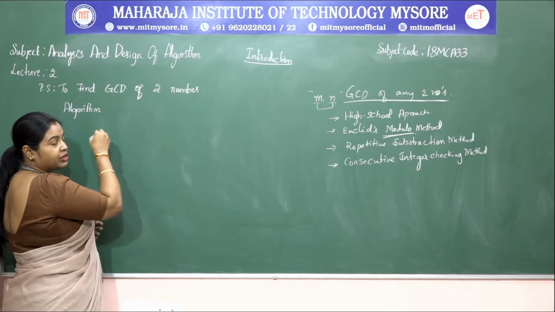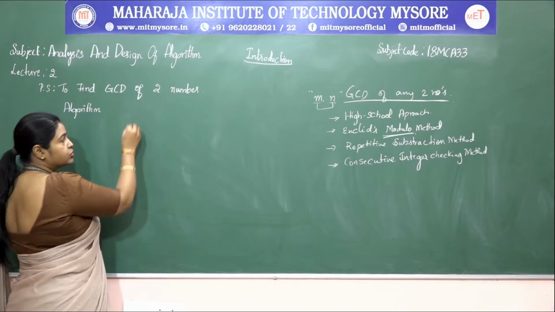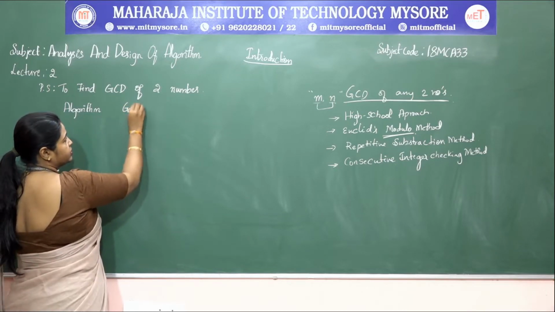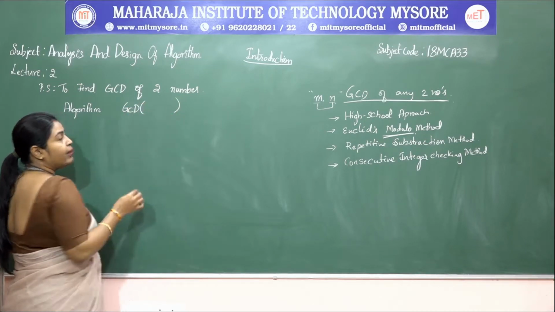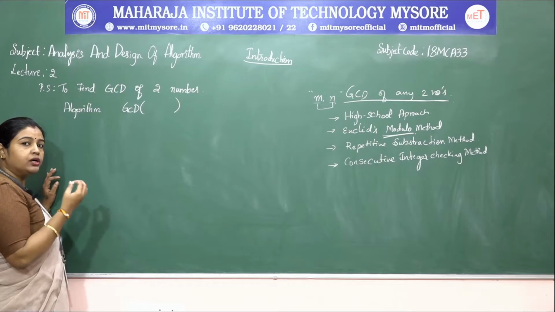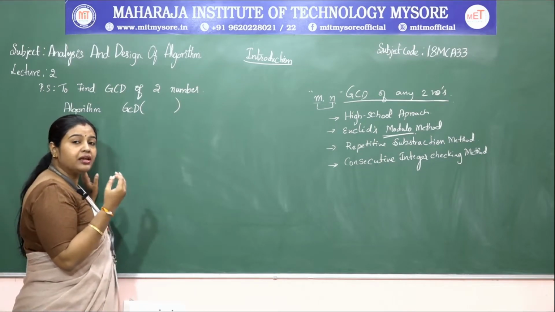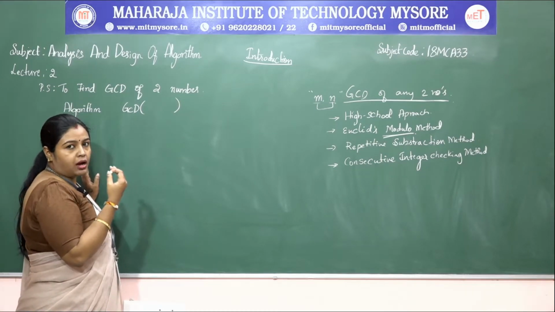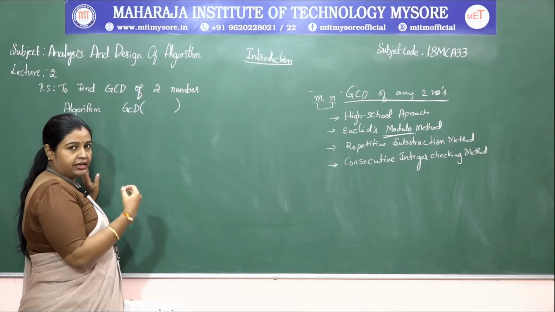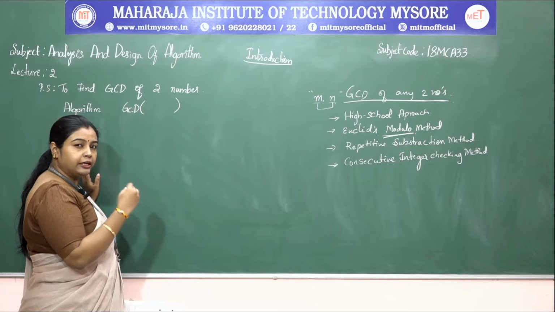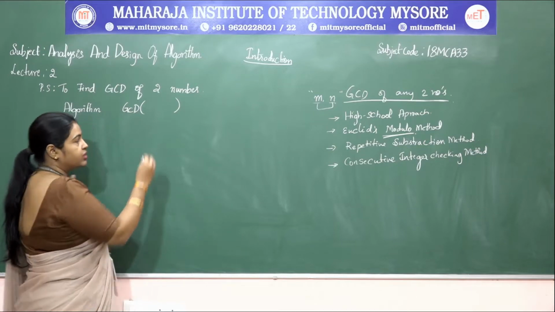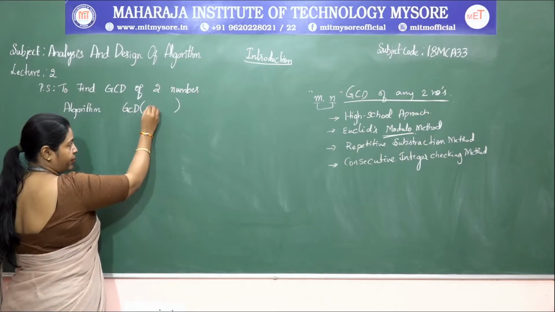Based on that we give the algorithm name, so here we give GCD since we are finding the GCD. Then we need to write the parameters. Parameters are nothing but the inputs for this algorithm. In order to solve that particular problem, whatever ingredients are necessary, that is what we are going to write as the parameters.